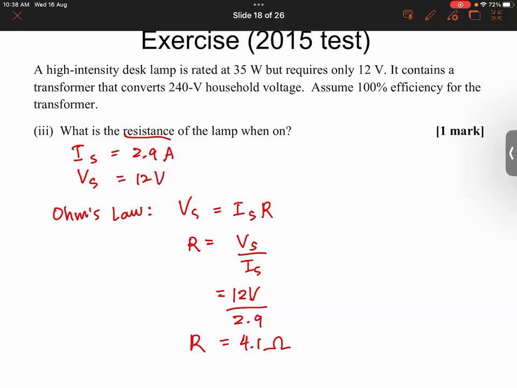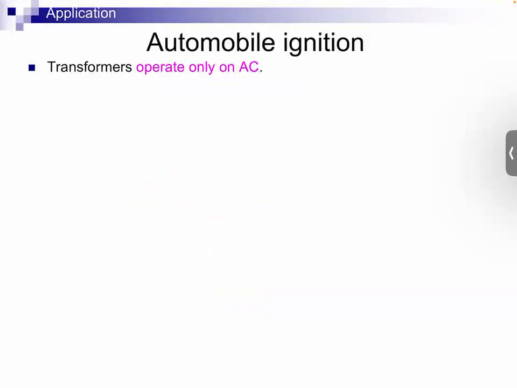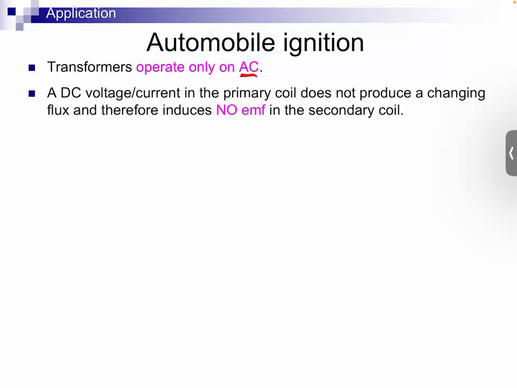Okay, so we've seen that the transformer works because we have an alternating current coming from an alternating voltage source. And it's the change in the current magnitude that induces the current in the secondary coil. So transformers only operate on AC, and a direct current voltage will not generate an induced current in the secondary coil.